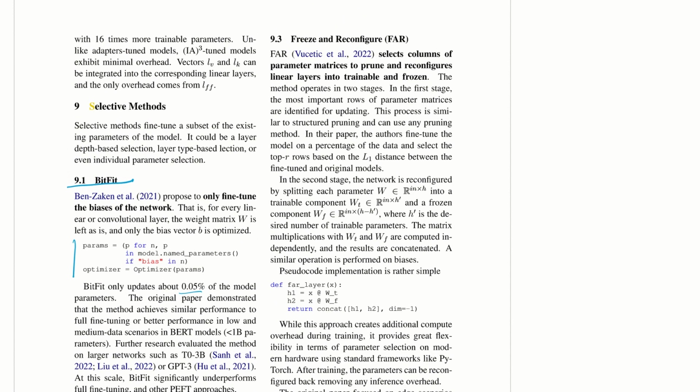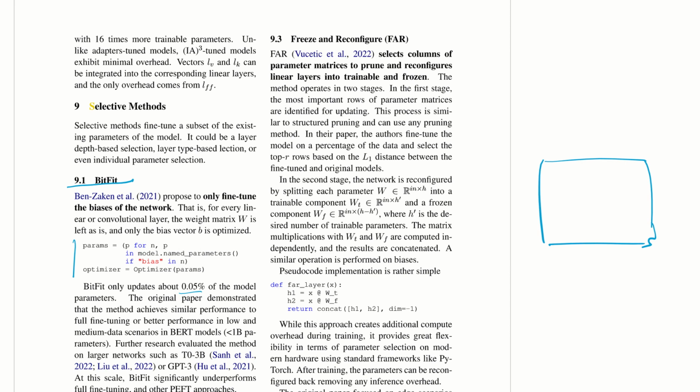Freeze and reconfigure. So here basically the idea is that if you have a weight matrix, think about a weight matrix, which is number of inputs to the layer times number of outputs from a layer. You identify using some pruning method a subset of rows or columns that you want to train and a subset that you freeze.